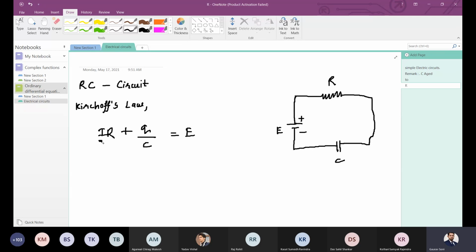We know that the current is nothing but the rate of change of charge. So this will be R into dq by dt plus 1 by C into Q is equal to E.